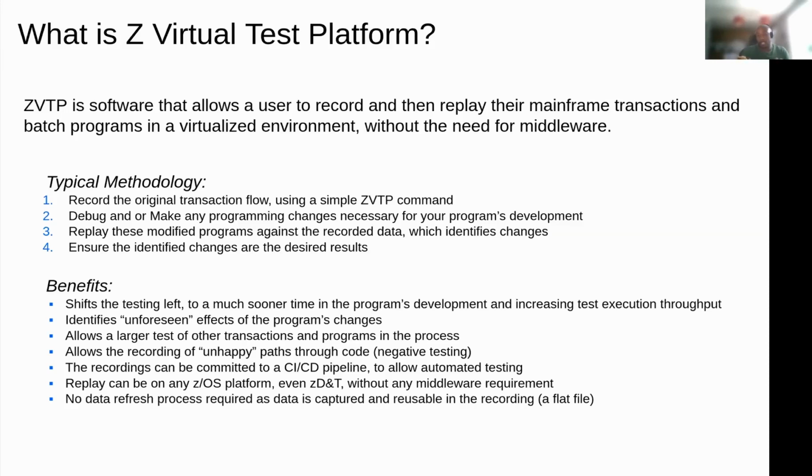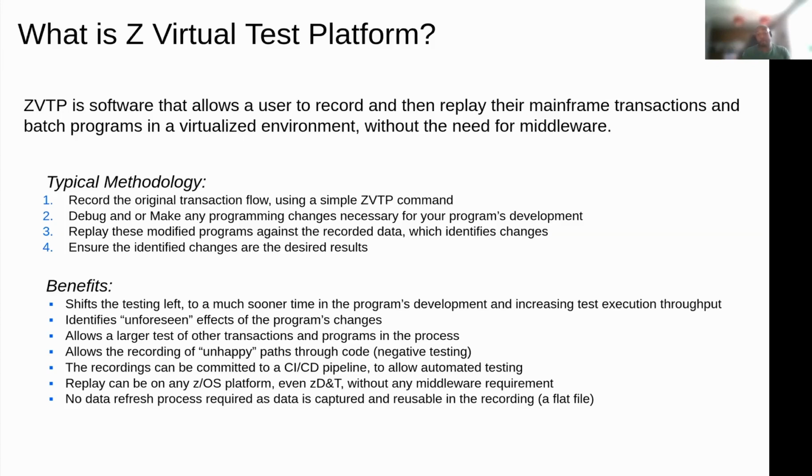So if there is a downstream effect from a change made, it will show up in the replay, even though you may not have explicitly intended to test those programs or transactions. Now, one could limit the recording to a set of transactions and programs, but that's the user's choice. And ideally, you want to make that choice in the test planning phase before you start your development work. But the idea is that you get test coverage of artifacts you may not even be aware are involved.